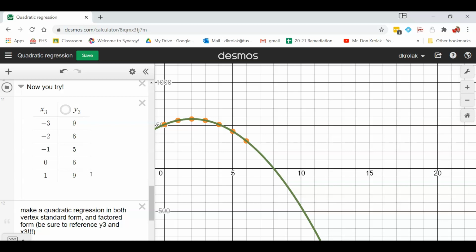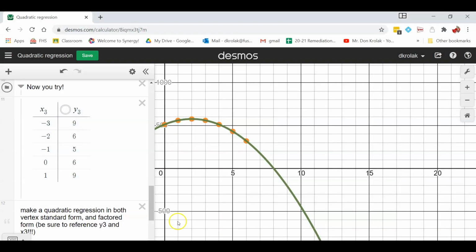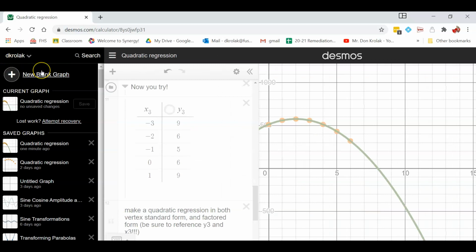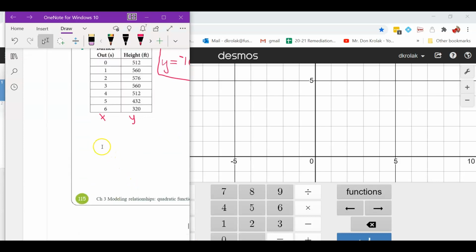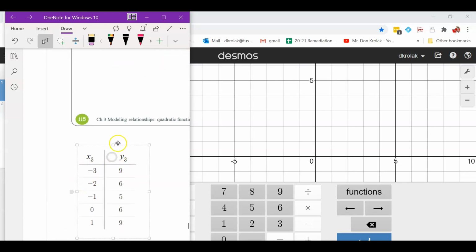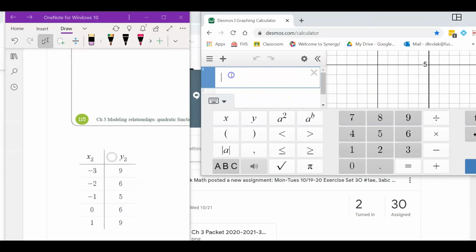So I'm going to go Control Shift. This table right here. You can just call it X1, that's fine.